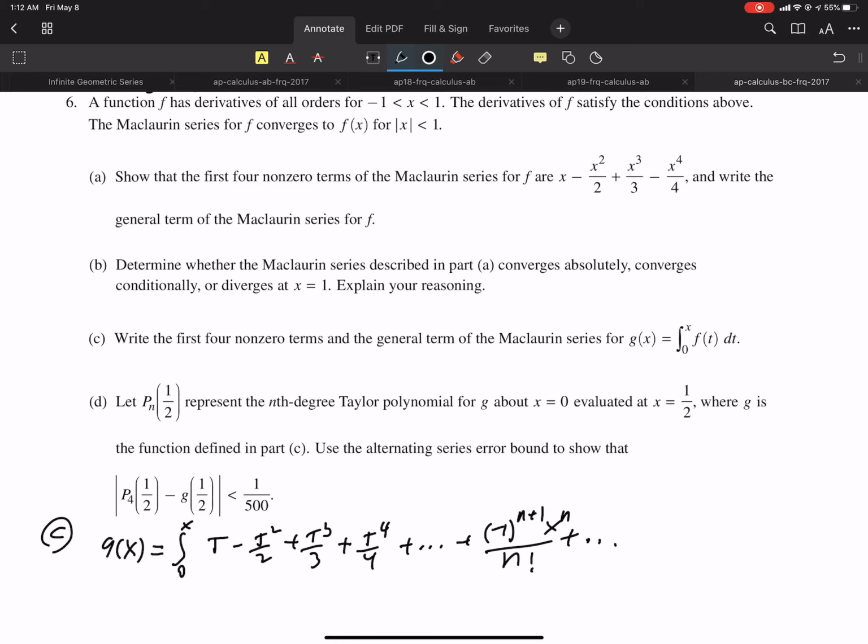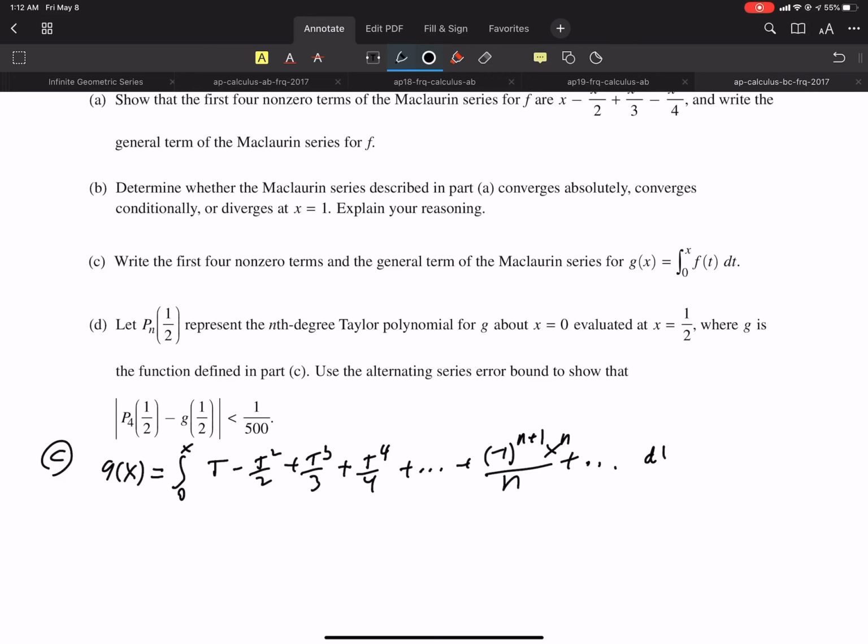Is that right? No, wait, is that right? Yeah, I think we're good. No, there's no factorial. All right, now we need a dx.